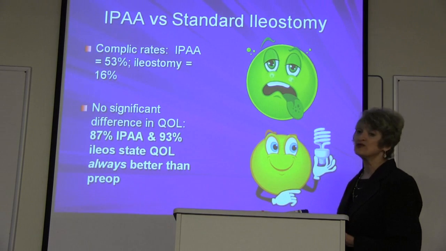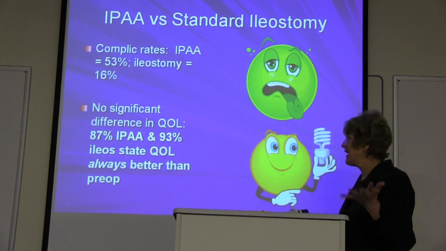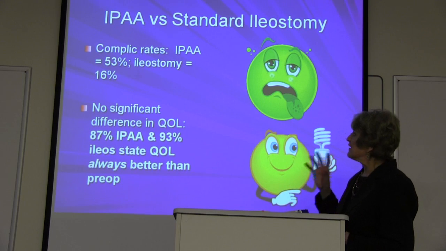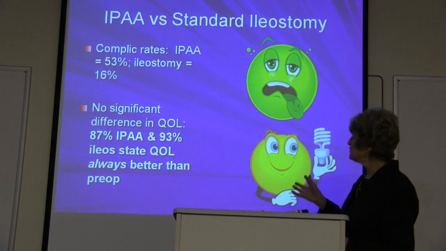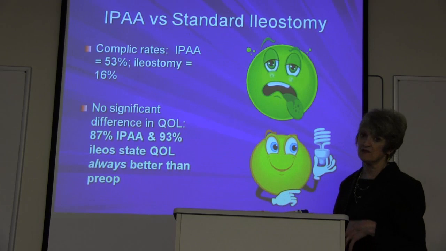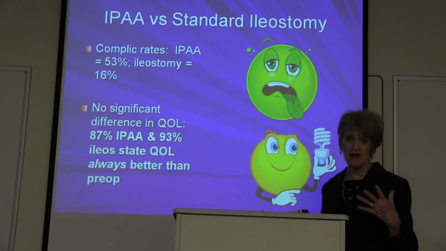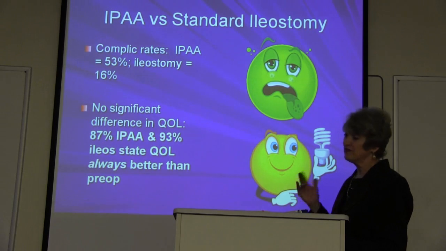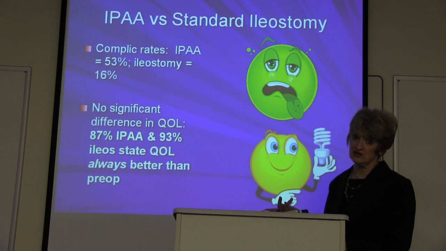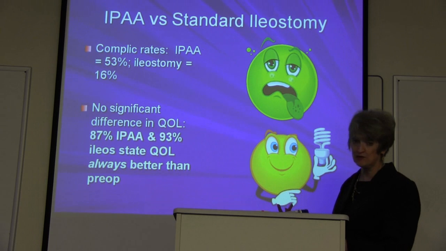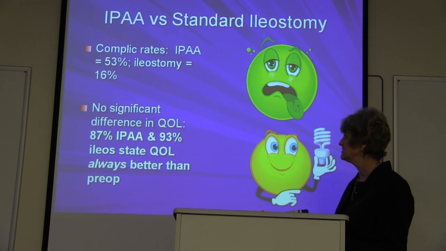Now this is an interesting statistic, so just to balance the scales, if you look at complication rates for patients with ileal pouch anal anastomosis, either persistent diarrhea or pouchitis or stricture, 53% of patients undergoing IPAA do have some complications, whereas only 16% of patients undergoing standard ileostomy report complications.